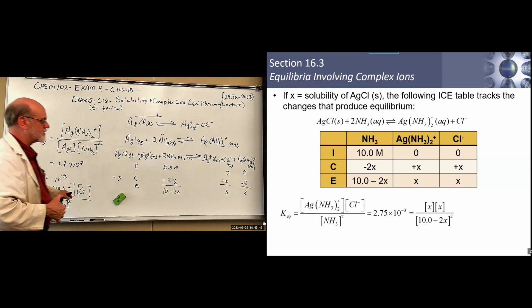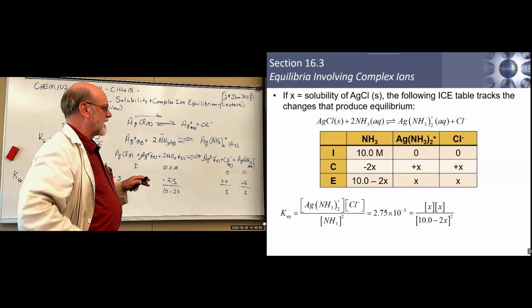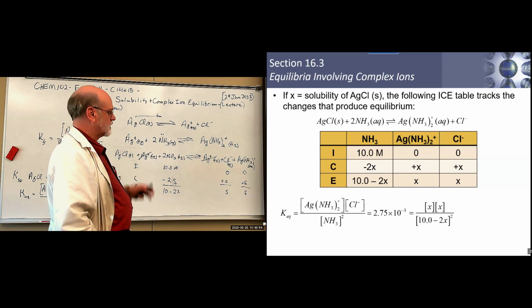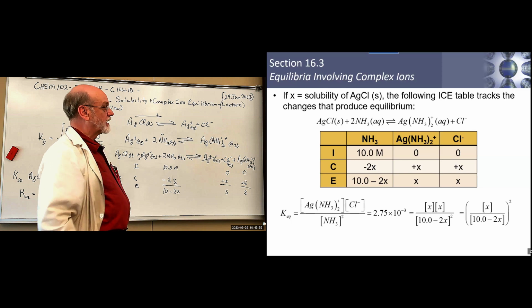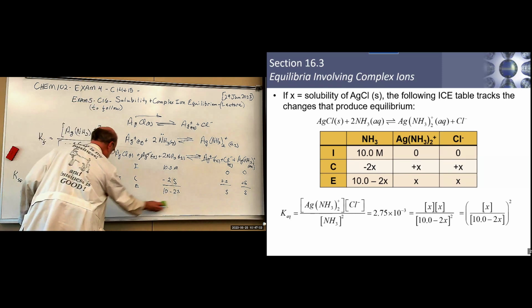So we plug those values in, and then we have to decide, are we going to need to call X insignificant? Well, fortunately, let me go ahead and write it out.